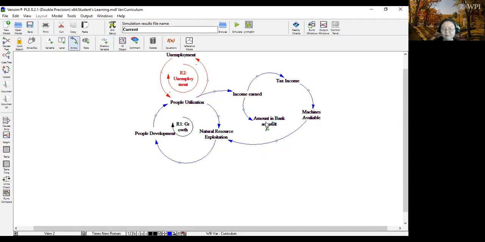And machines available also increase. So amount in bank accounts increases, and also increases savings.